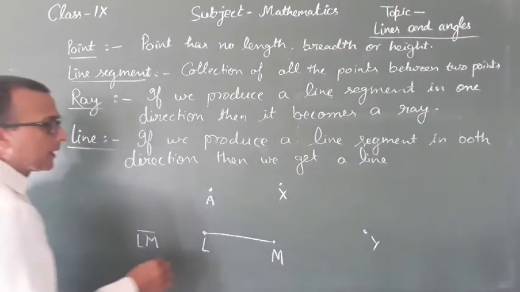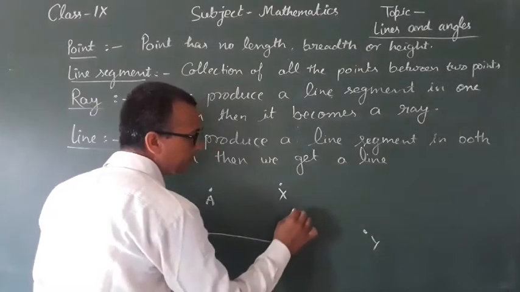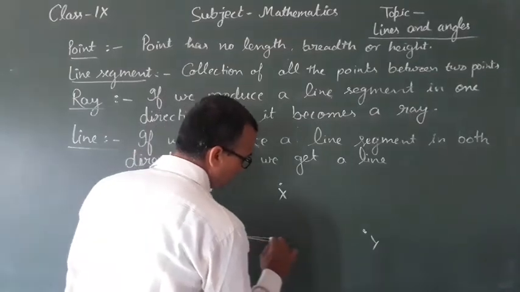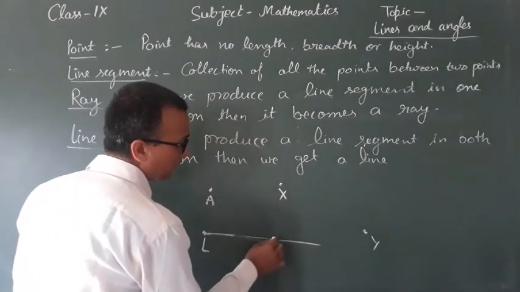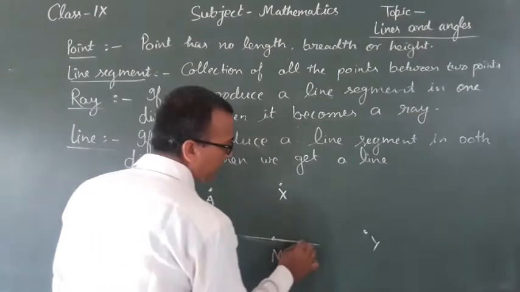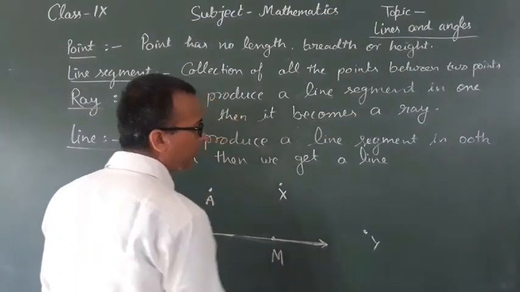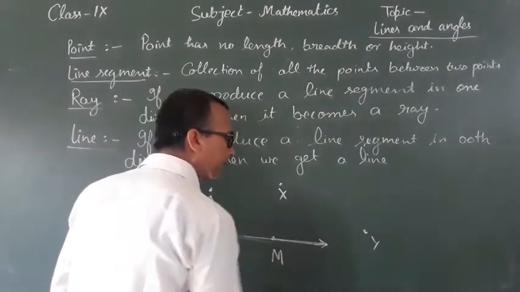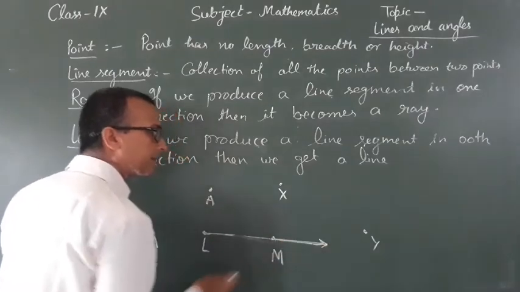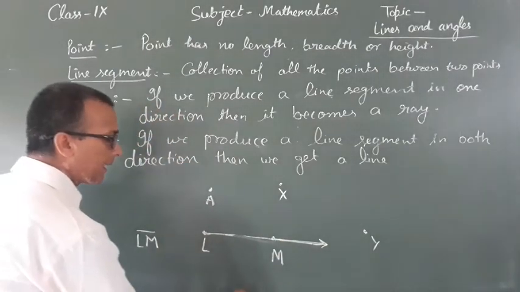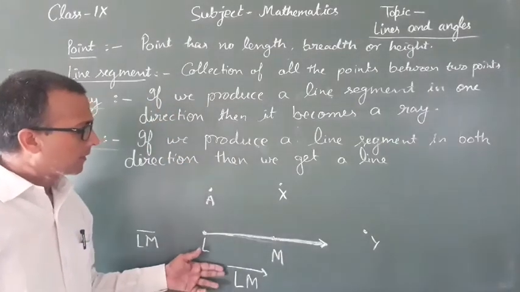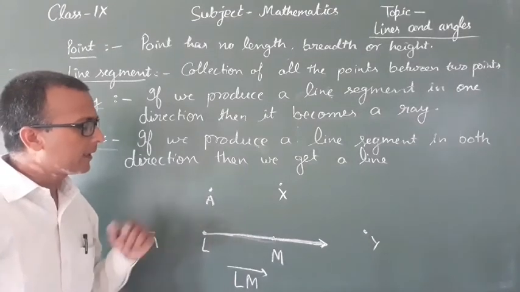A ray, if LM is produced in the direction of M, L to M, then it becomes a ray, and this is denoted by this symbol.